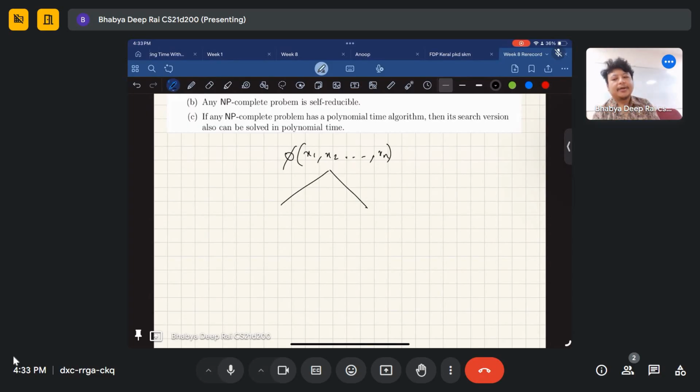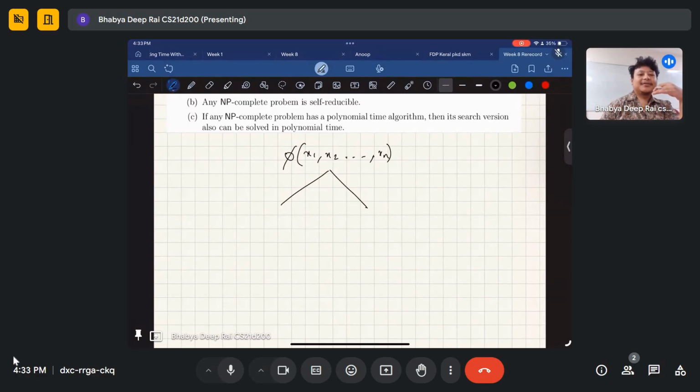Let's say I allow you to check whether it is satisfiable or not. Is it possible for you to find an input that satisfies it?